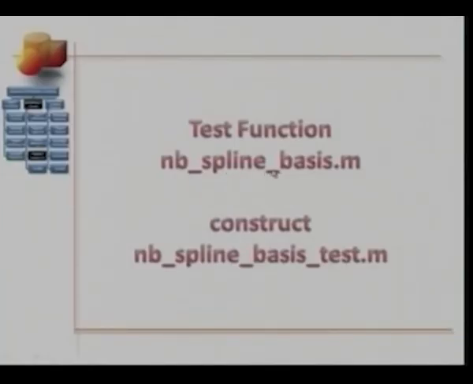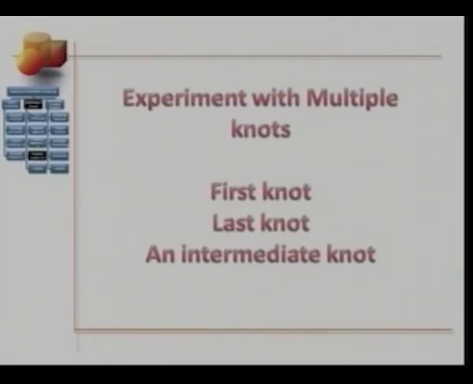So we are just about done testing the normalized B-spline basis function, for which we constructed a test function here. We also experimented with multiple knots. We had the first knot as a multiple knot of multiplicity 4, which was the order of the B-spline basis function.